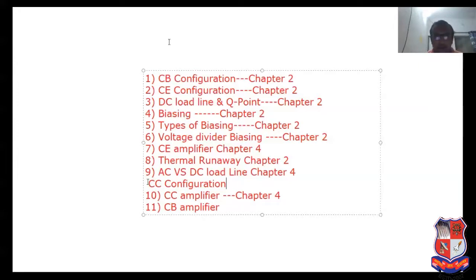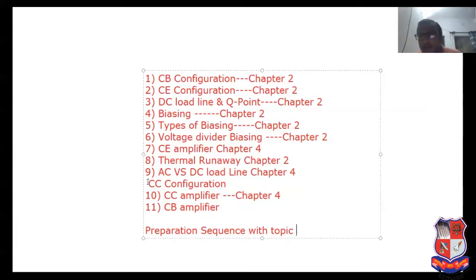Now, this is the entire preparation sequence with topics: common base configuration, common emitter configuration, DC load line and Q point, biasing, types of biasing, voltage divider biasing, common emitter amplifier, thermal runaway, AC versus DC load line, common collector configuration, common collector amplifier, common base amplifier.